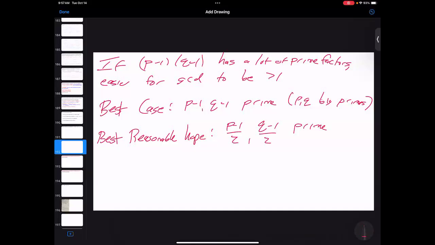Is that possible? Can somebody give me a prime that's big, at least 5, such that (P minus 1) over 2 is prime? 7. So if P equals 7, then (P minus 1) over 2 is 3.